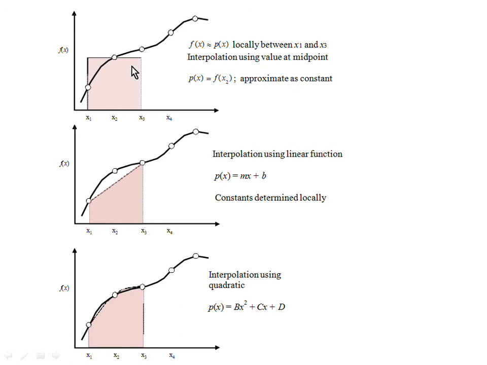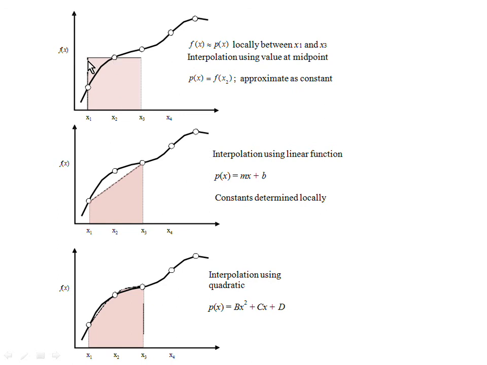And so the simplest way of doing that is to say that the approximating function is just equal to this value at the midpoint. So if p is our approximating function over this interval from this point to that point, then a simple way to approximate the black line is to just say it equals the function at x2.